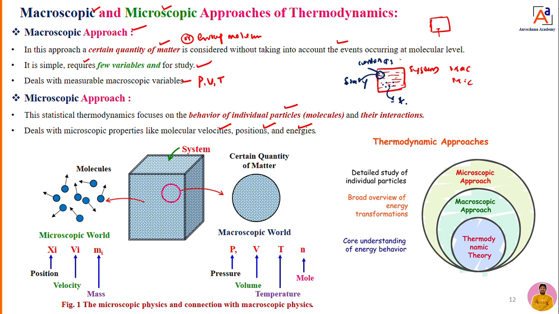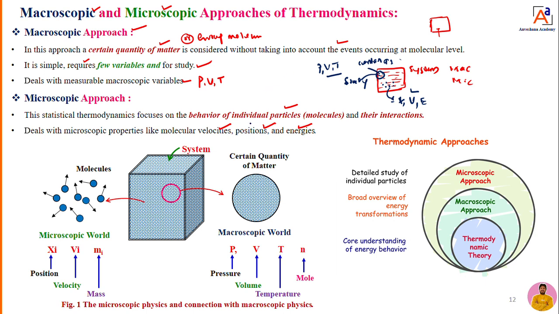The position of the individual particle, that is x, the velocity of the individual particle, that is v, and the energy of the individual particle, that is E. Whereas in the macroscopic approach, we study the macroscopic properties of the system, that is pressure, volume and temperature. A group of molecules or certain quantity of matter is the macroscopic approach; individual molecules is the microscopic approach.